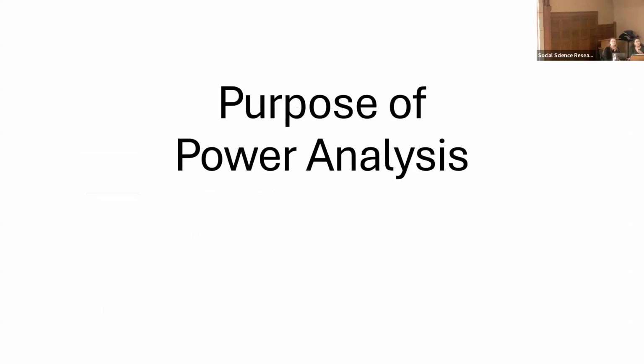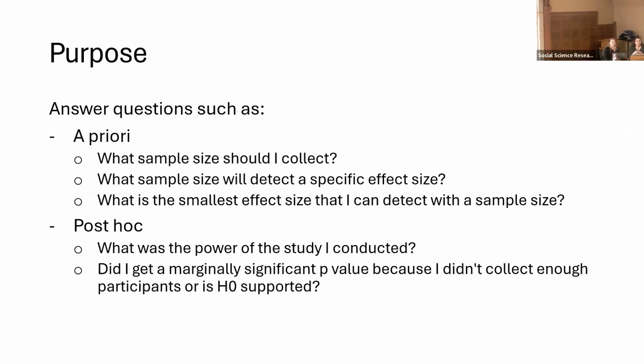All right, so why are we doing this? What is the purpose of a power analysis? Power analyses can be run either a priori, which means before you run the analyses or before you collect the data, or it can be run post hoc, which means you've already collected the data. Generally, when we're running an a priori power analysis, we're trying to think about what resources we have, both in terms of money, time, participant availability, so on and so forth.